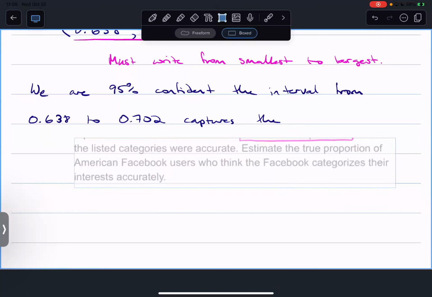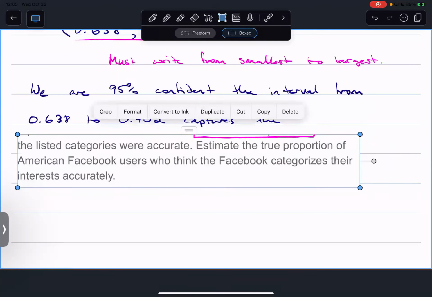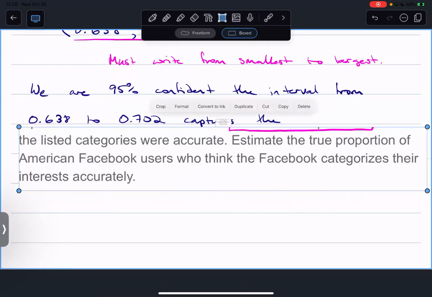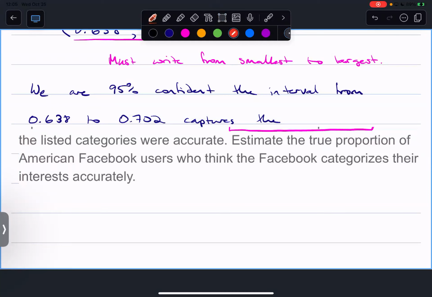Captures the, can I be so bold and say, well, scratch this, captures the, I don't need this the anymore. The true proportion of American Facebook users who think that Facebook categorizes their interests accurately.